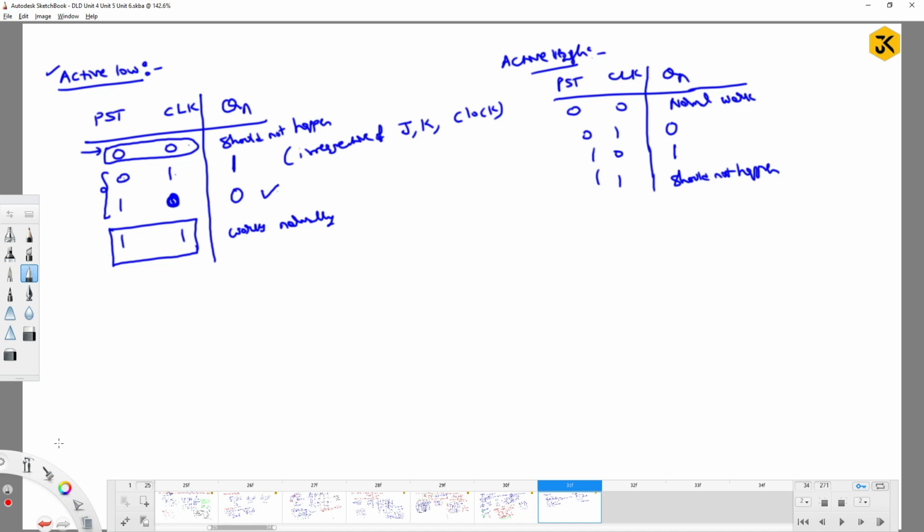Similarly, for the SR flip-flop or whatever flip-flops, you can write all of those by simply passing preset and clear. For example, if I try to draw one kind of signal, a kind of signal will be like this.